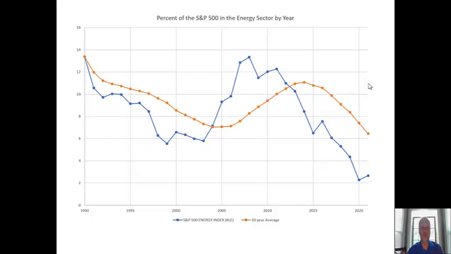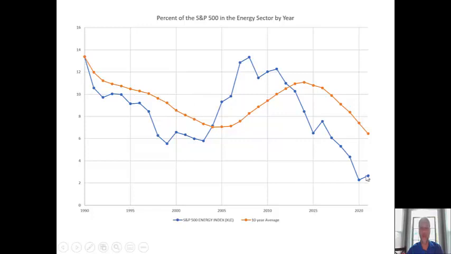We can say the same thing in the energy sector. Here is the percentage of the S&P 500 in energy from, again, 1990 until 2021. These are end of the year percentages. And this is the 10-year average of that percent in the energy sector after we have 10 years of data, and again, a rolling average before that.